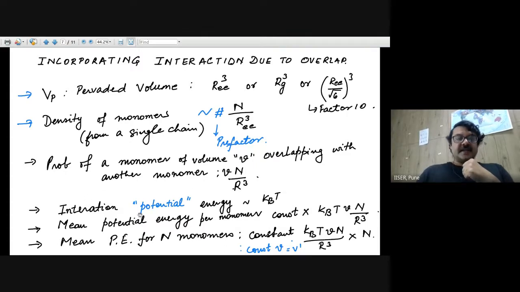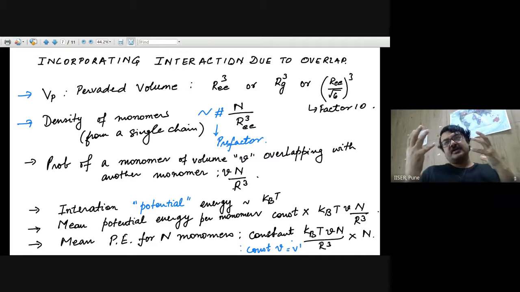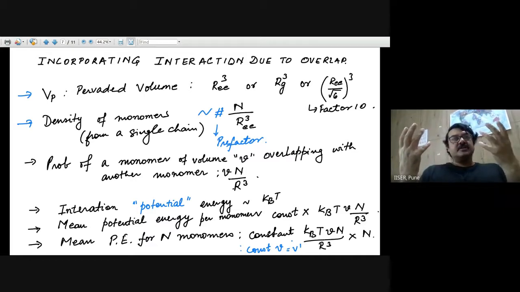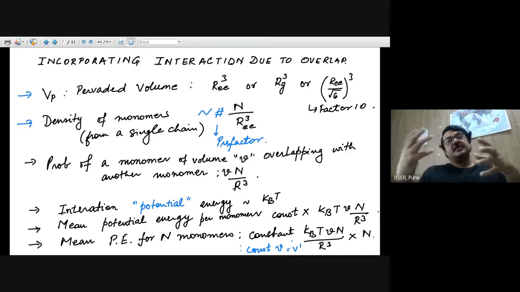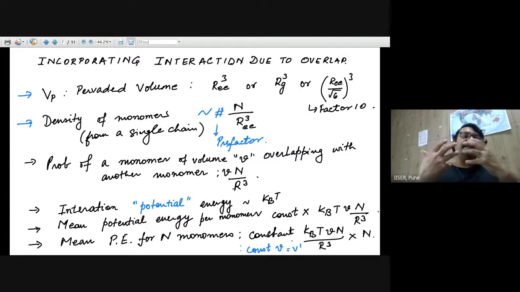And the interaction potential energy is of the order of kBT. So what is the energy? On average, the kinetic energy of each monomer is about 3 by 2 kBT. If two particles come in contact, this kinetic energy will be converted into potential energy, and they will overlap.